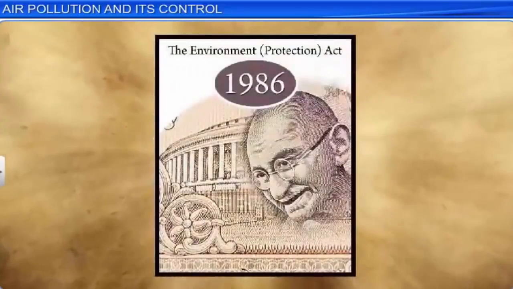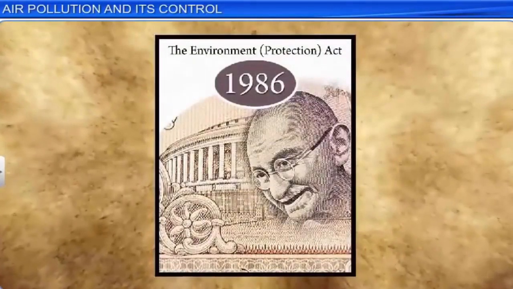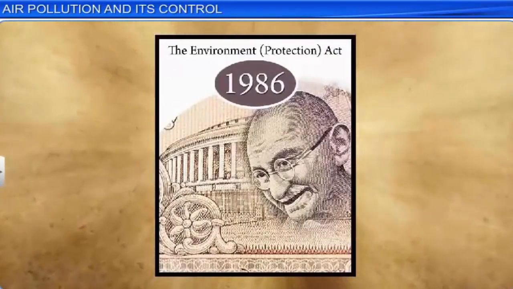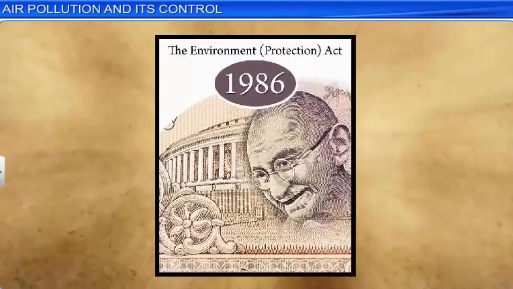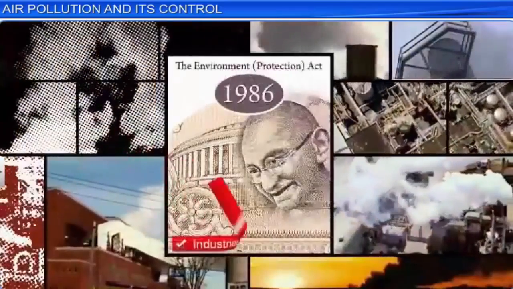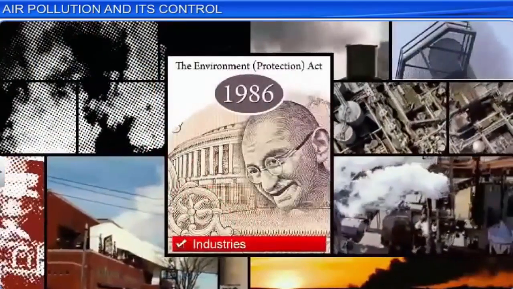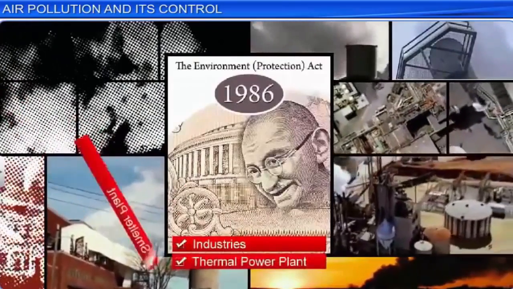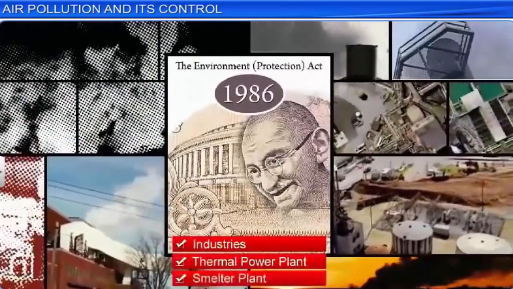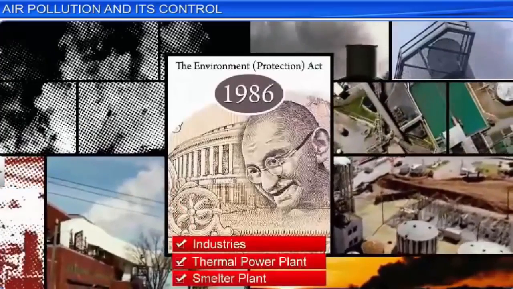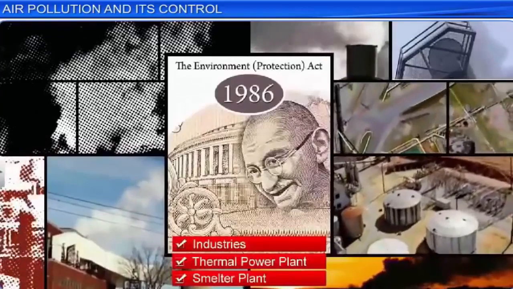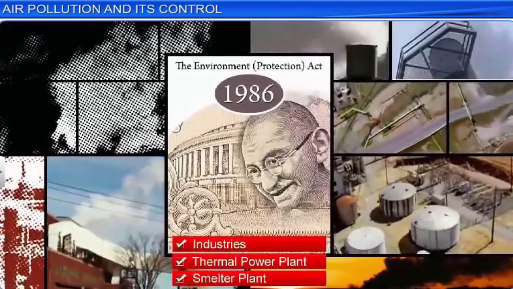In 1986, our government passed the Environment Protection Act with a view to take preventive actions to control environmental pollution. This act made several industries and smelters adopt various methods to separate or filter particulate and gaseous matter that were released into the atmosphere through their smokestacks.